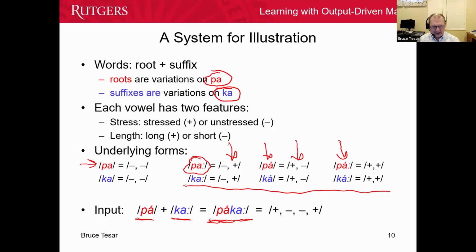Really, you can think of each pair of things being a feature vector for a particular vowel. So those first two features here, those are for the root vowel. And the second two feature values there, those are the features for the suffix vowel. And you'll have to pardon my handwriting here.